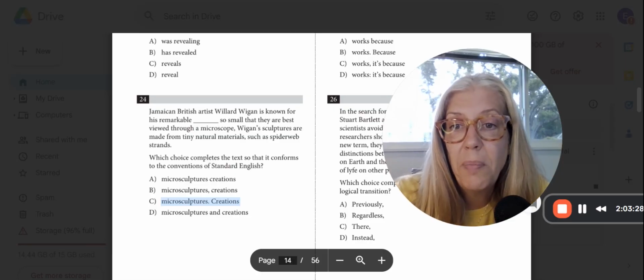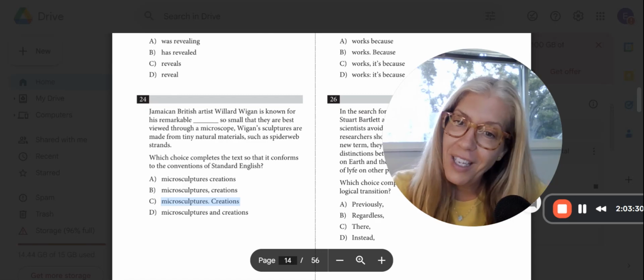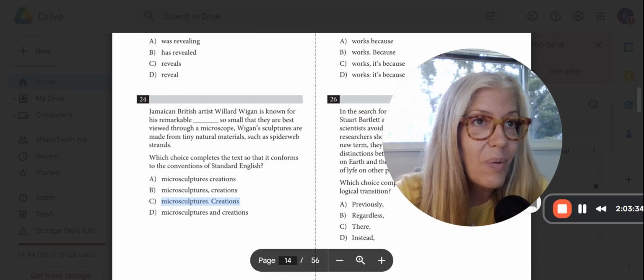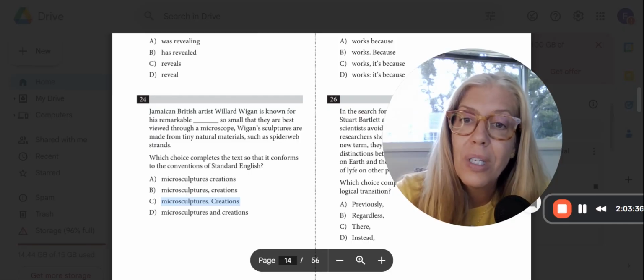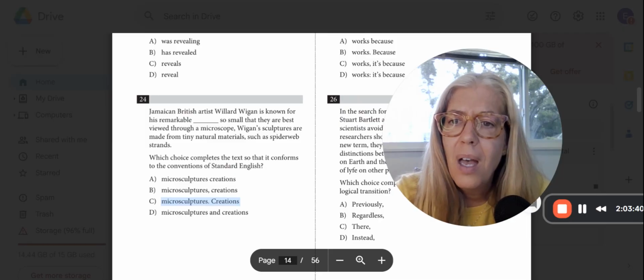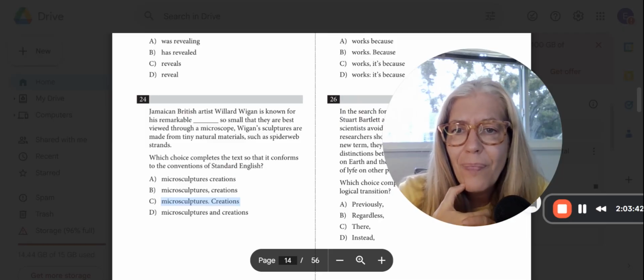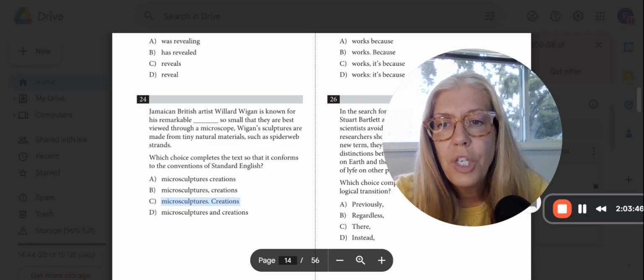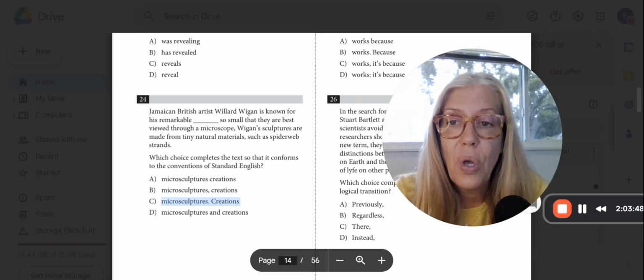Again, I'm not letting you pick B. I'm not going to let you pick a comma unless it's one of the 3 reasons why. And I do not see a transition, I do not see a simple list, and I do not see an appositive, but I probably have to read it. Nonetheless, I want to see, does it work with C? Jamaican British artist William Wigan is known for his remarkable microsculptures.